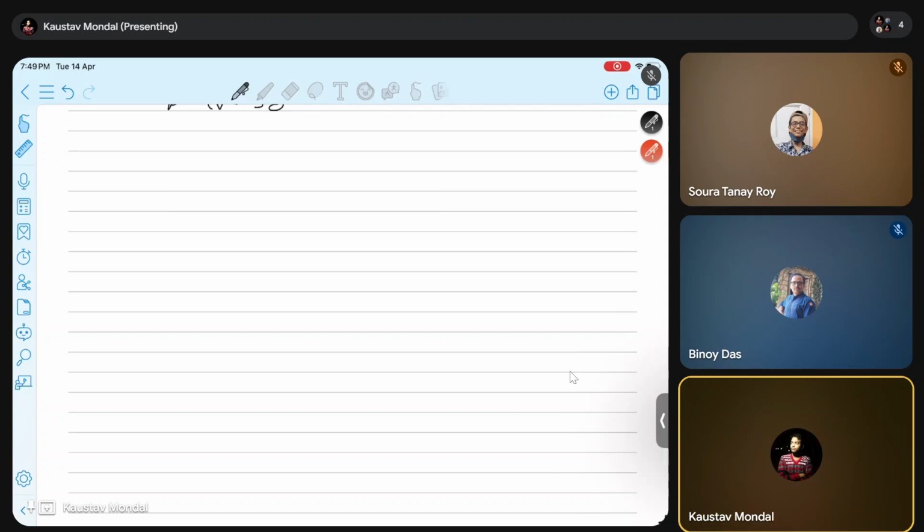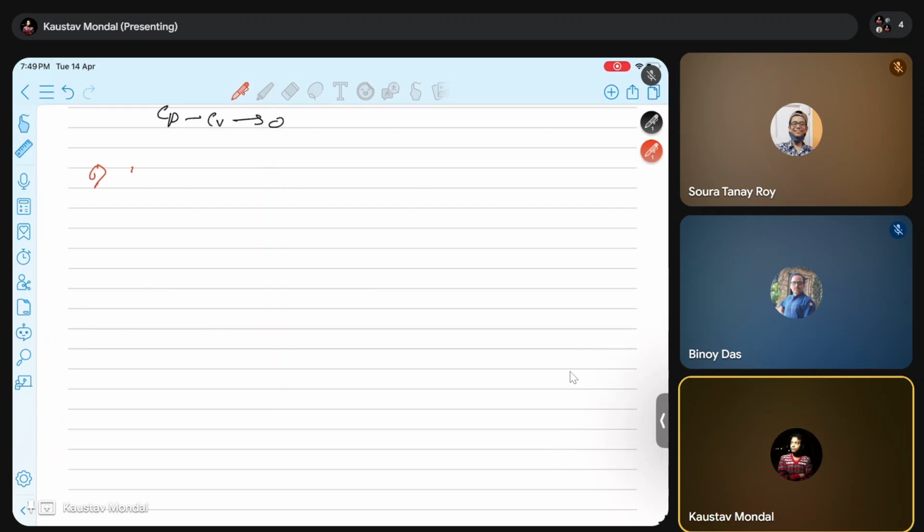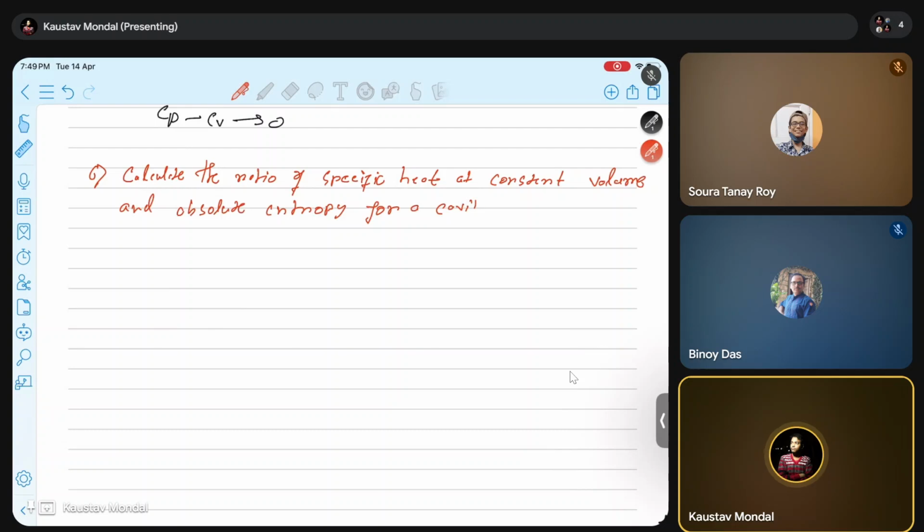Next problem is problem 6. Calculate the ratio of specific heat at constant volume and absolute entropy for a cavity at 1000 Kelvin.